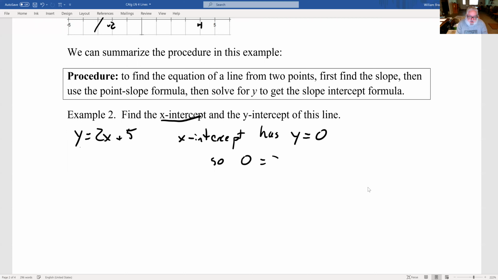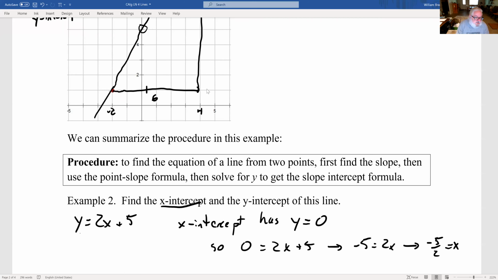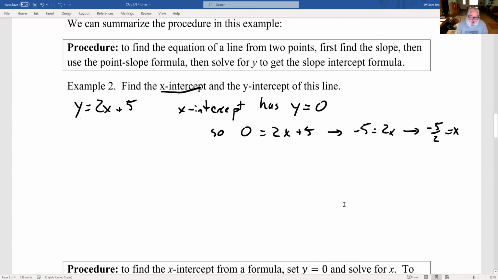We get 0 equals 2x plus 5. Solve that for x. Minus 5 equals 2x. Minus 5 over 2 equals x. So minus 2.5, which is about where our x-intercept is. So how do you find the y-intercept?